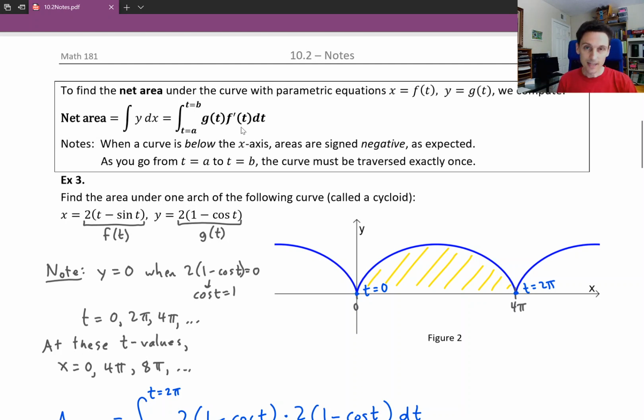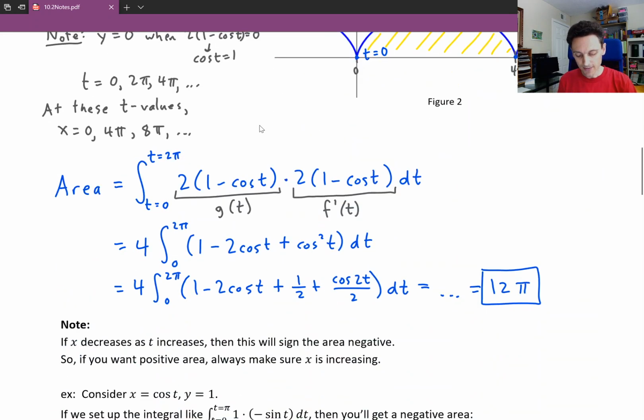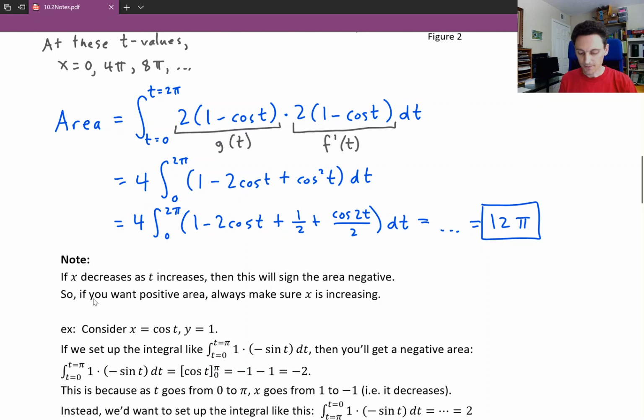So again, if x is moving to the left as t is increasing, that's going to flip the sign of your area. That might have an unexpected consequence if you're not looking out for it. So if you want to make sure that your area is positive, you'll always want to make sure that x is increasing as t is increasing.